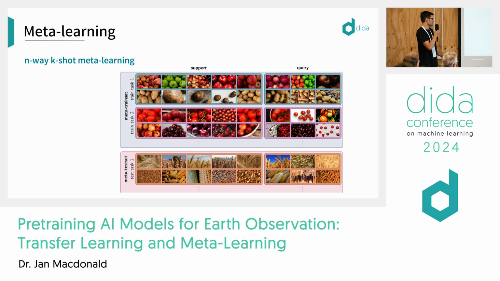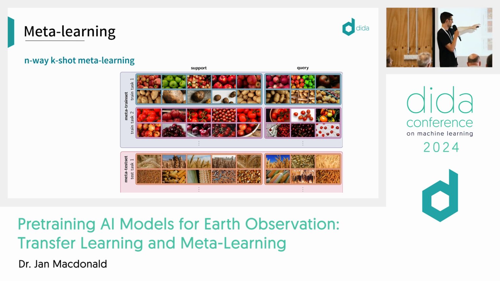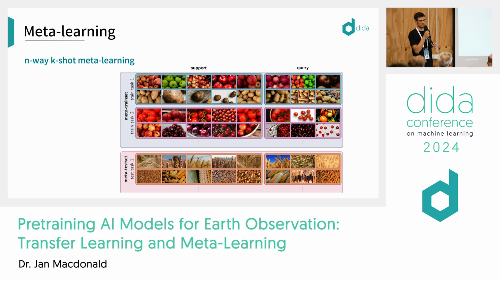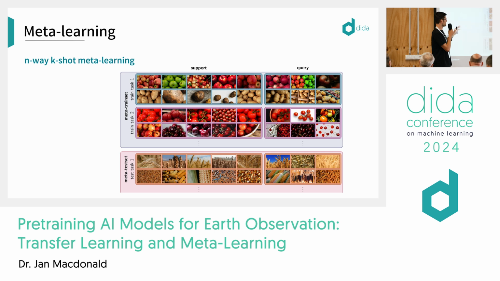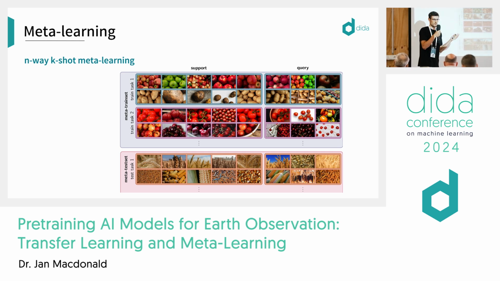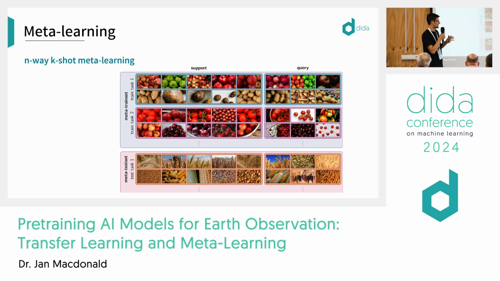So what we do first is we split our data set into different tasks that contain subsets of all the classes that we have. So for example, one task could be to classify apples against potatoes. One task could be classifying tomatoes against cherries, and so on. And what we follow here is a paradigm from few-shot learning called N-way K-shot learning, which means that now for each individual task, we have the usual split into a training and a test set.